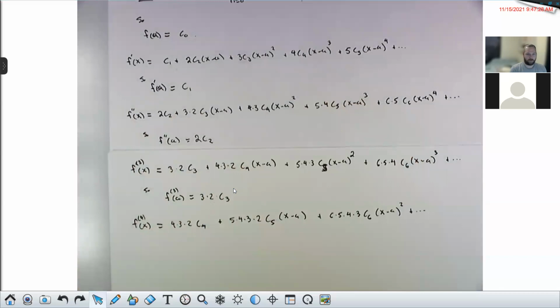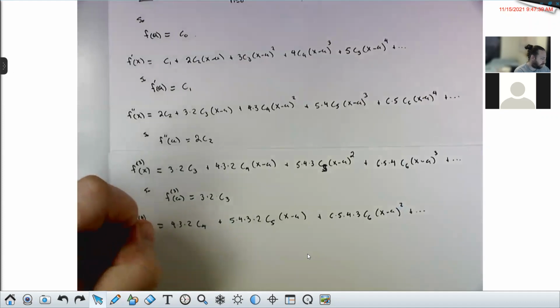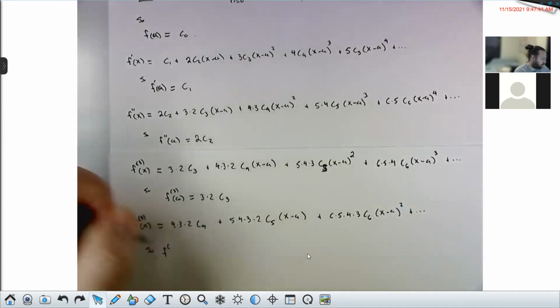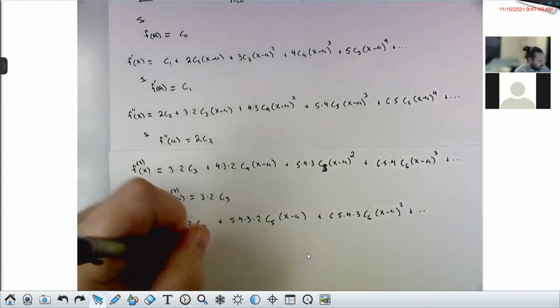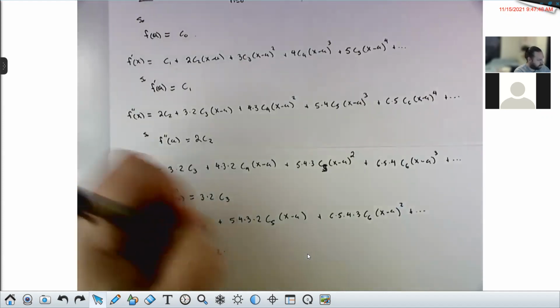And you see the factorials showing up, right? 4 times 3 times 2, 5 times 4 times 3 times 2, 6 times 5 times 4 times 3, and when I took another derivative, this 2 would come down. You plug a in here, you get the fourth derivative of f at a is 4 times 3 times 2 times C4.